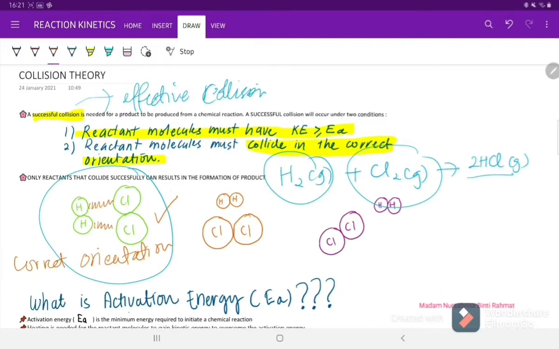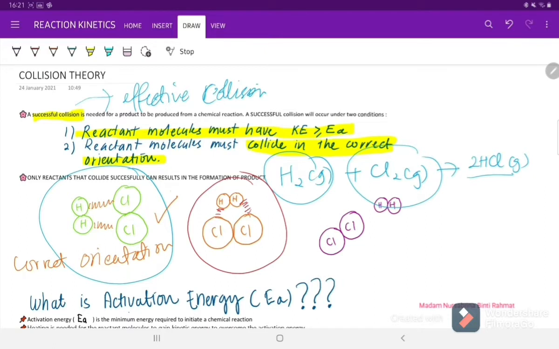What about the second one? In the second picture, instead of side by side, I'm arranging my hydrogen molecules on the top and my chlorine molecules on the bottom. Then I allow them to move forward, so this H atom meets this chlorine atom from the chlorine molecule, and the other hydrogen atom meets the second chlorine atom in the same molecule.